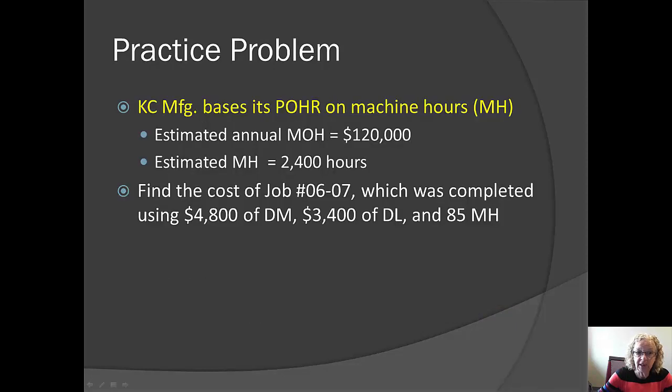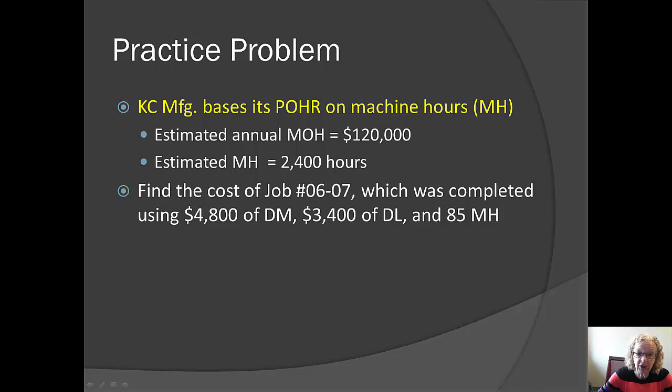Here's a practice problem so that you can try out this technique. A company uses a predetermined overhead rate based on machine hours. Before the period ever started, the firm estimated that its annual overhead would be $120,000, and it estimated that it would use 2,400 machine hours during the period.